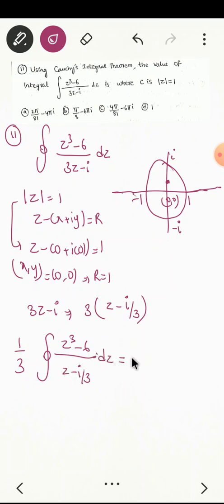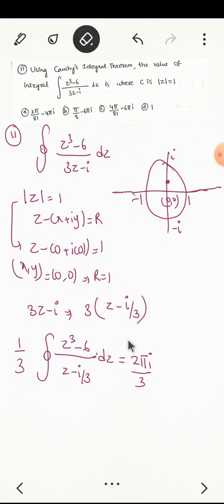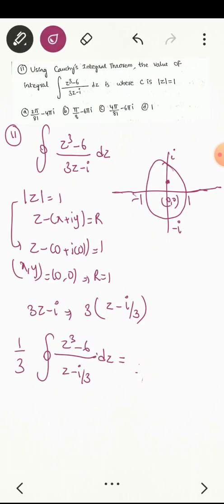This thing I can write as 2 pi i f of a. Okay, wait, if you are confused, I will write it like this: 1 by 3 into 2 pi i into f of (i by 3). That means this is the function, f of z by z minus a, dz.